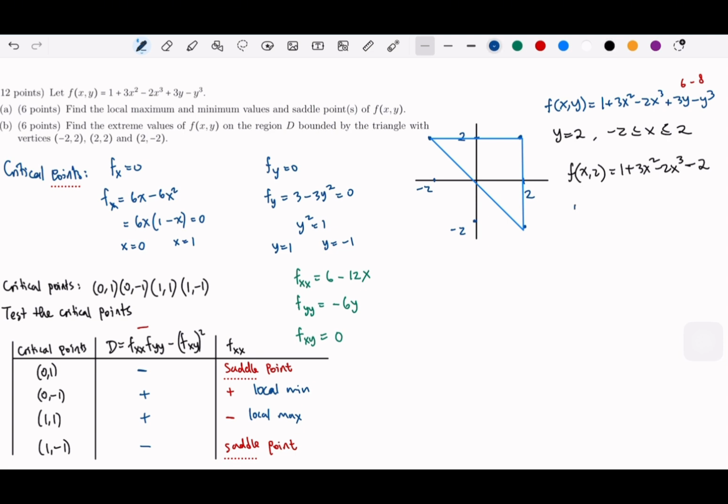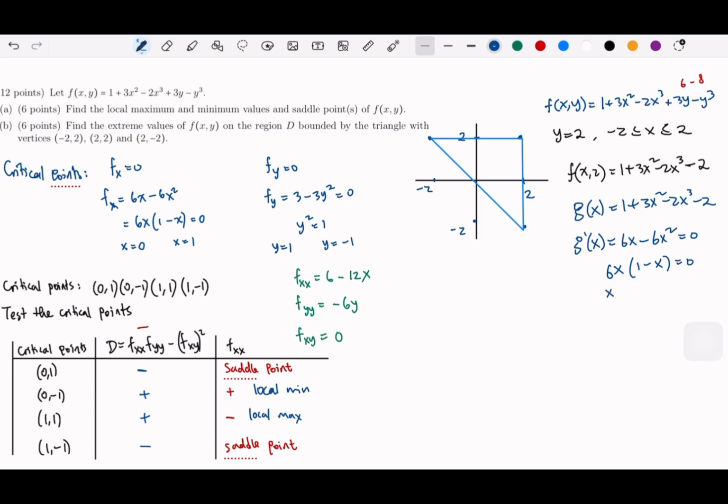So g of x, let me write it like this. And to find the max and min, we can take the first derivative of this and write down that we can have 1 minus x.